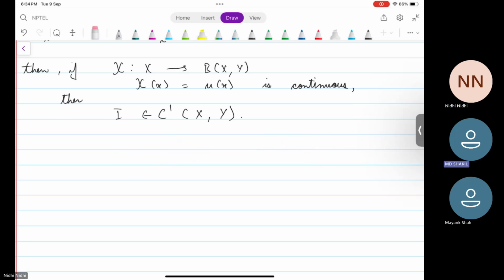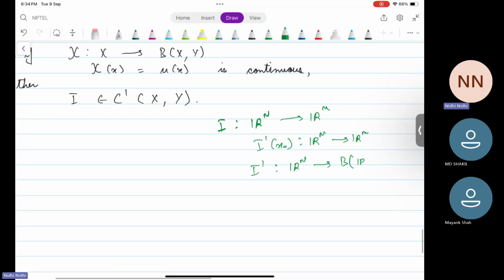In the case of Rn to Rm, the derivative is a bounded linear map from Rn to Rm. Similarly, I dash x naught is from Rn to Rm, and I dash will be from Rn to the space of bounded linear functions from Rn to Rm.